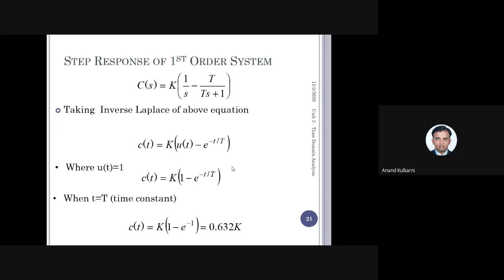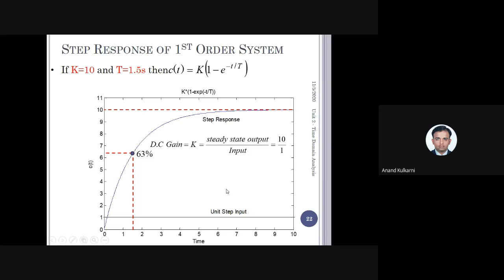If you see this, when t by T is 1, the output is 0.632 K. So the plot is like this. That means after t equals the time constant of the system, capital T, it will reach 63%.